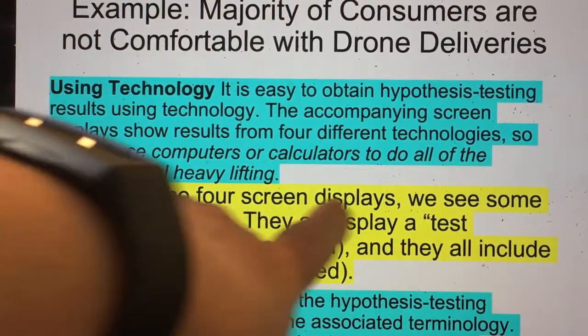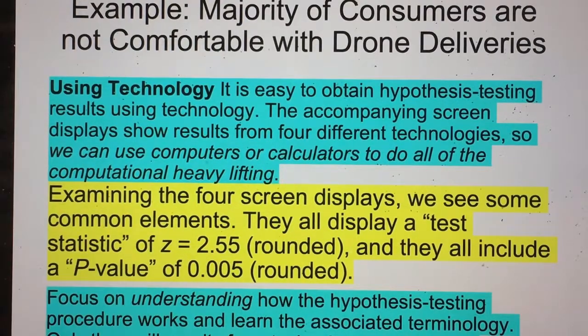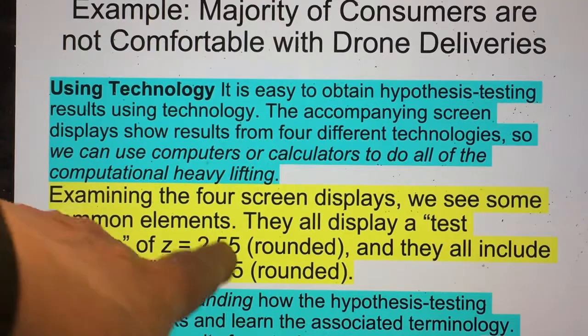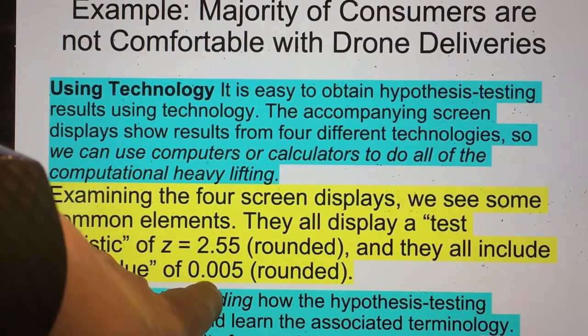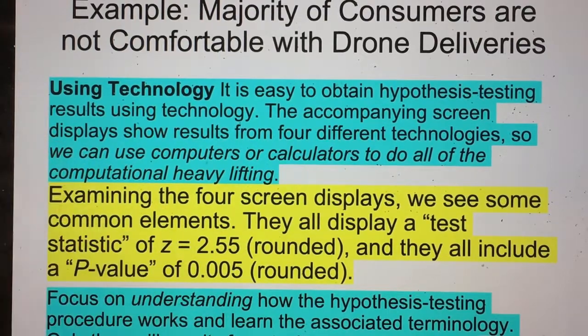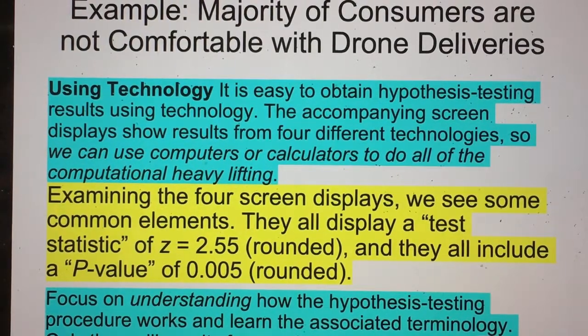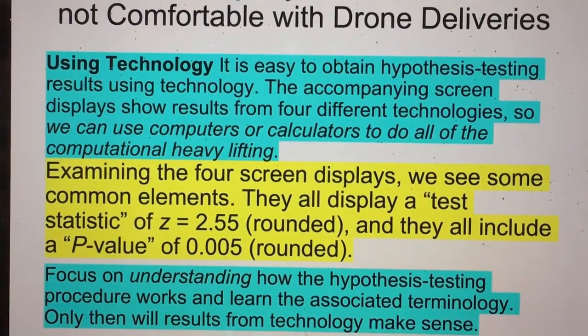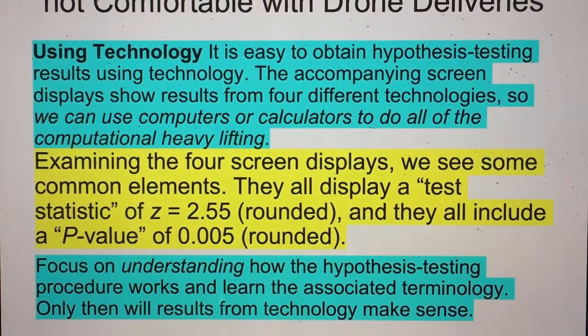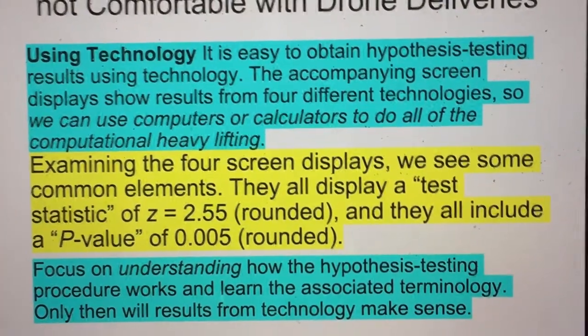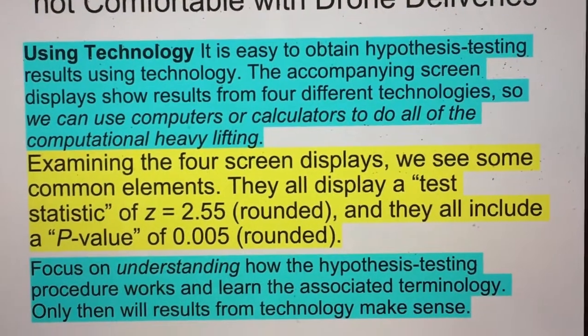So we're going to examine the 4 screens and we're going to see some common elements. They all display a test statistic of z is 2.55, and they all include a p-value of 0.005. So we're going to see those in a minute. And it says focus on understanding how the hypothesis testing procedure works and learn the associated terminology. Only then will the results from technology make sense.